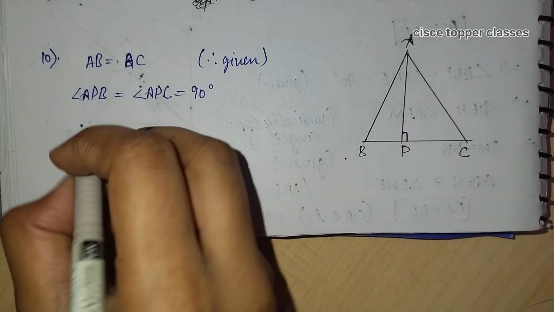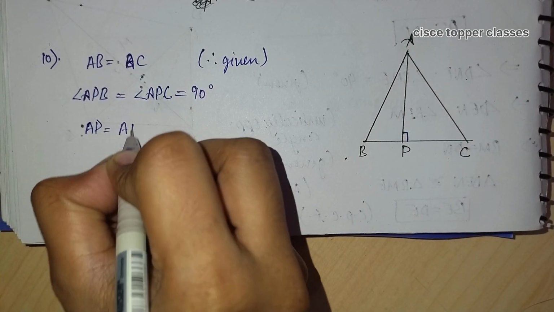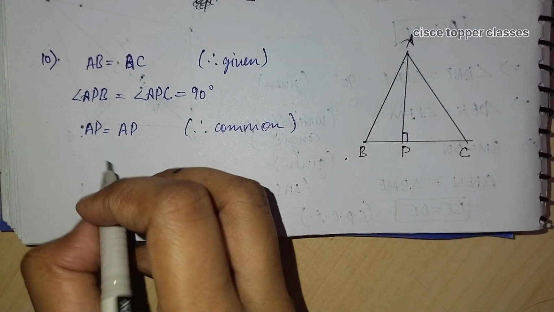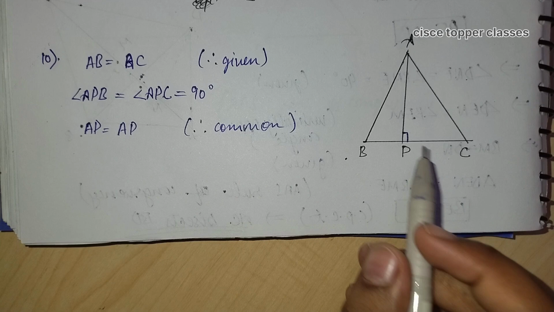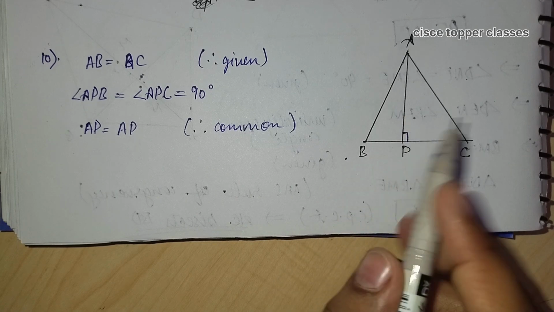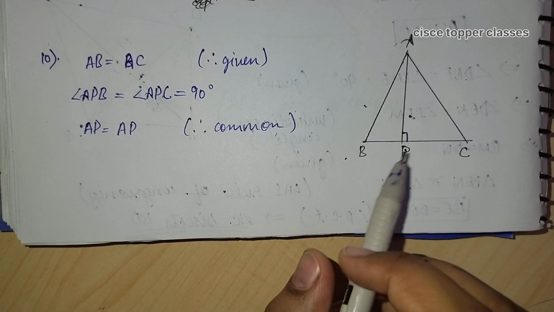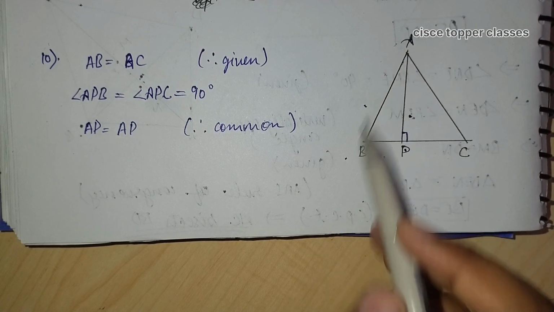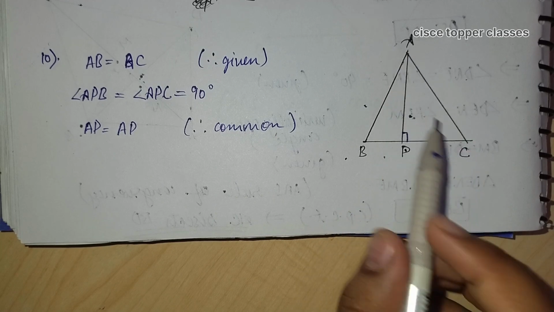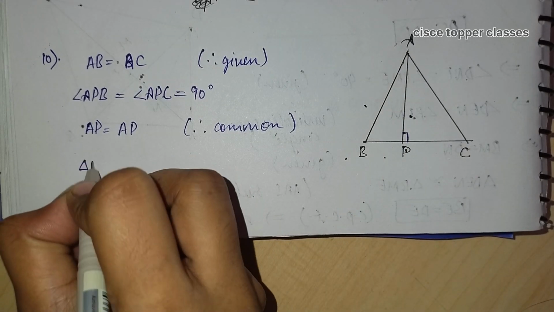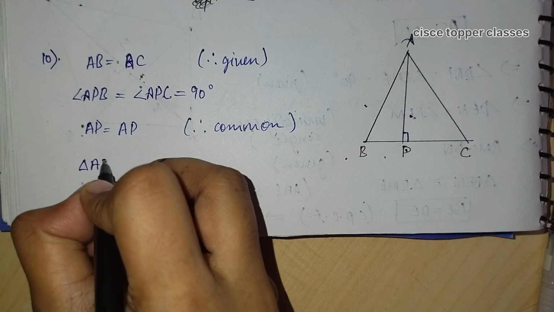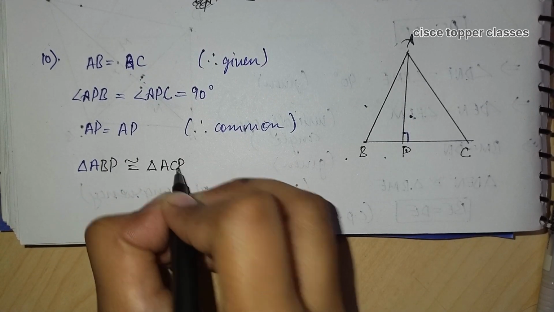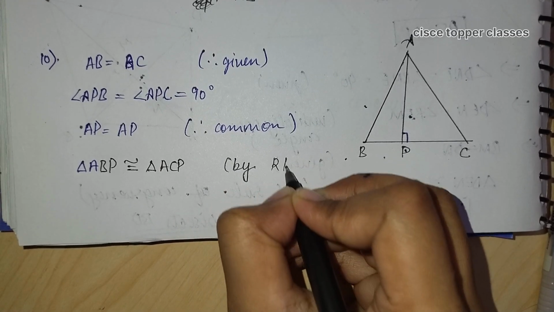Now we have AP as common in this. AP is equal to AP, means common in both the triangles. Hence from right angle hypotenuse side congruency, we can simply say that triangle ABP is congruent to triangle ACP by RHS rule of congruency.